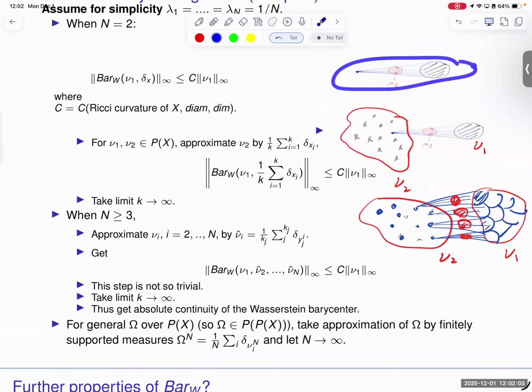So you have this picture for each of these partitions. Then the resulting one is absolutely continuous, and you can have the same estimate as before. Then you take the limit. Then you can conclude that in this two-marginal case, the Wasserstein barycenter, which is nothing but McCann interpolation, is absolutely continuous.